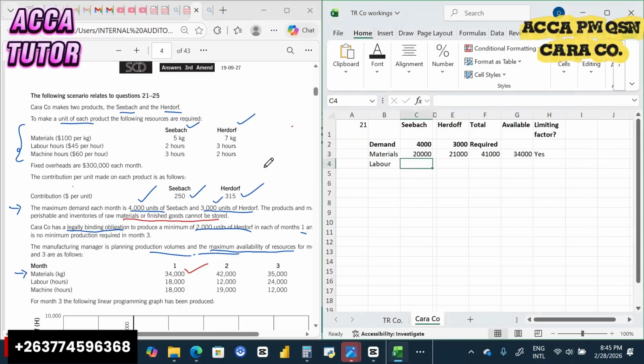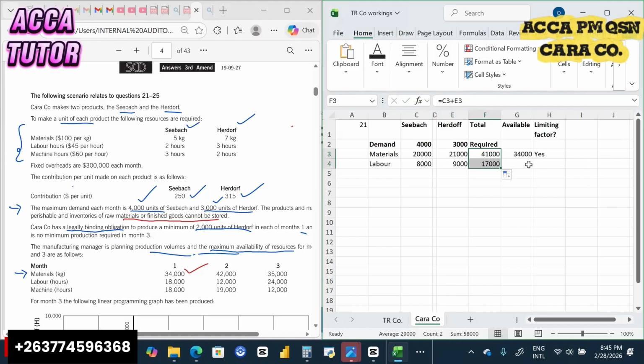Okay, labor. We are told that a C batch requires 2 hours. So equals 2 multiplied by how many C batch? 4,000. Just do the same. All right, and we come to the head of, which requires 3 hours per unit multiplied by 3,000, and we just drag our formula.